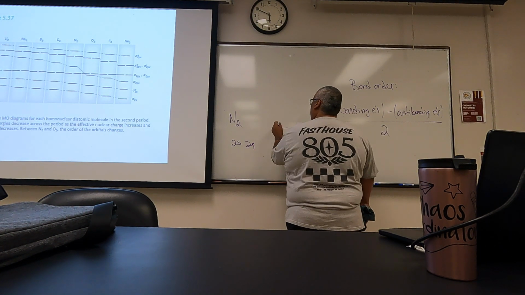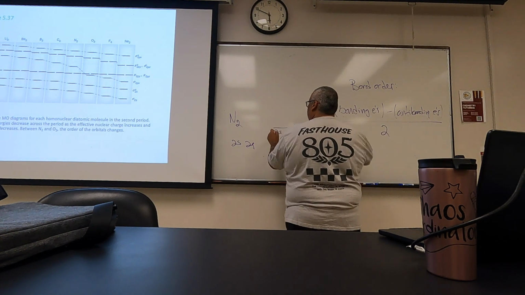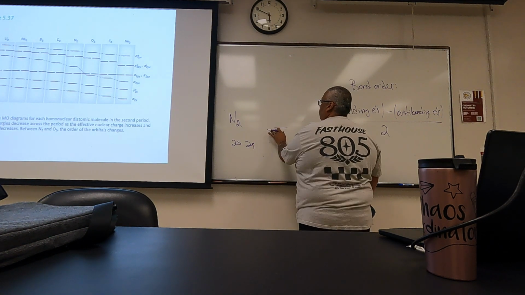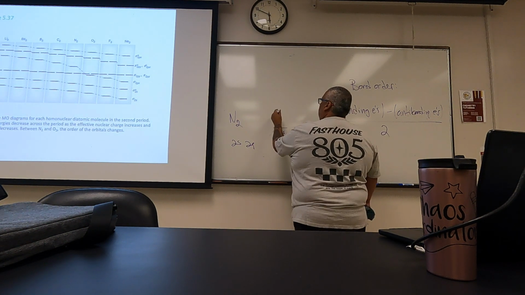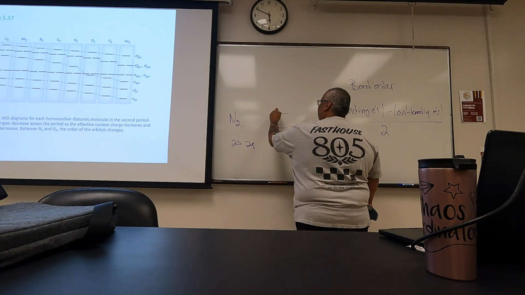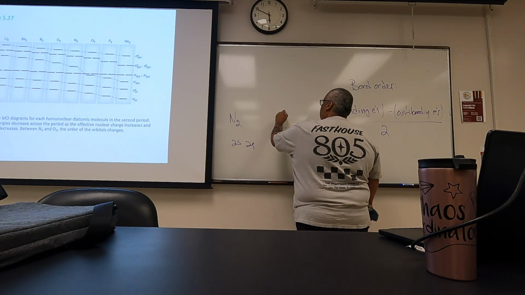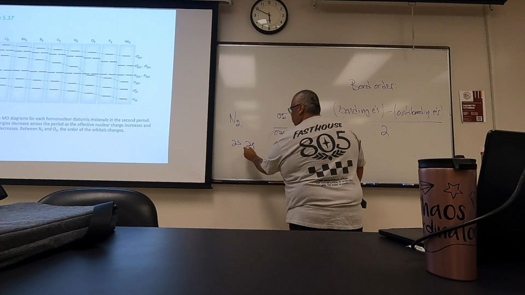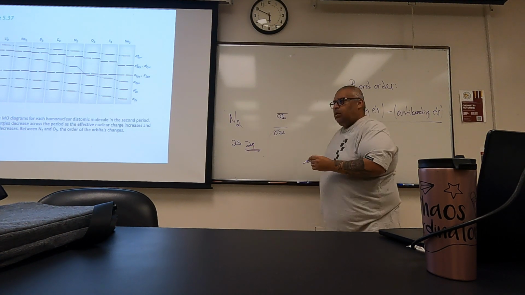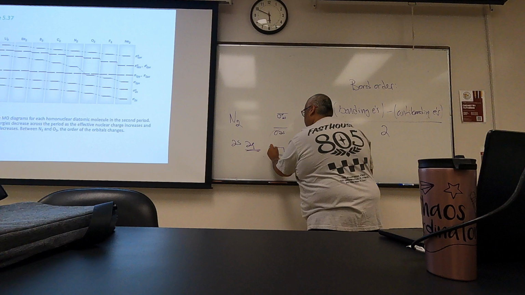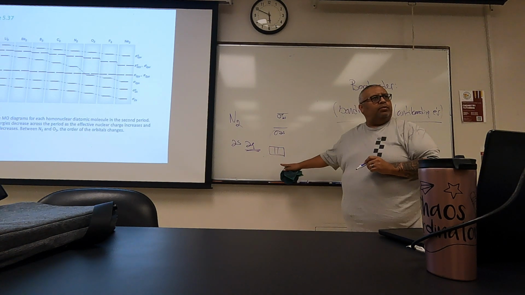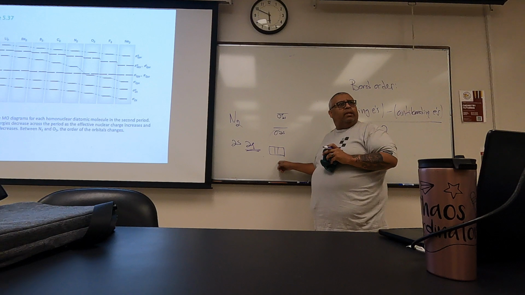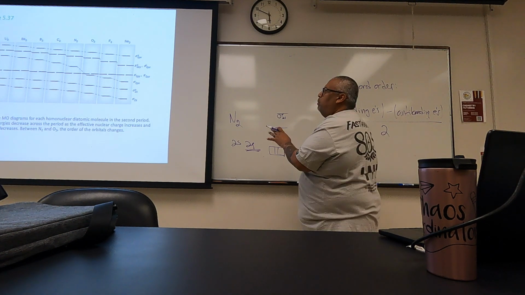So this is going to be our sigma 2s. Then we're going to have our anti-sigma 2s. And then the p subshell gets 3 orbitals. One of them is going to be sigma, right? And the other ones are going to be pi orbitals.